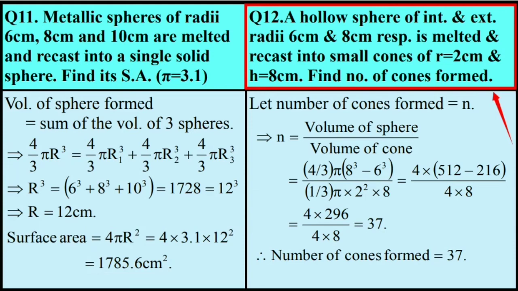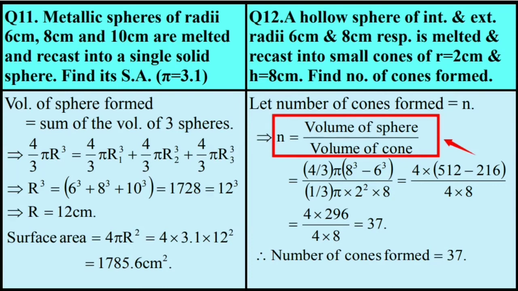Question number 12. A hollow sphere of internal and external radii 6 cm and 8 cm respectively is melted and recast into small cones of radius 2 cm and height 8 cm. Find the number of solid cones formed.